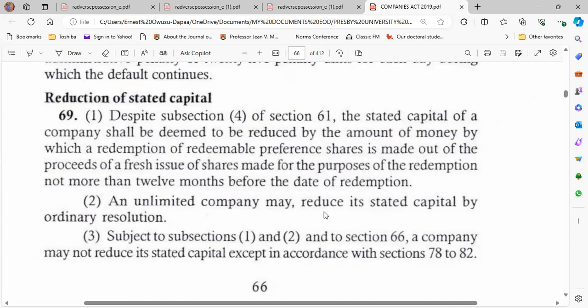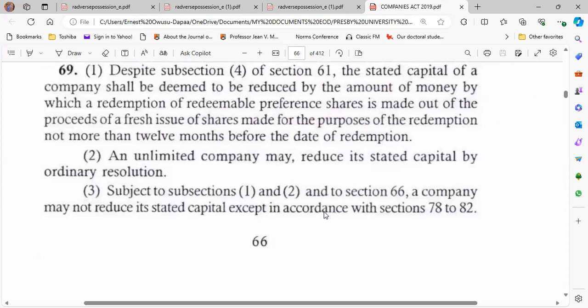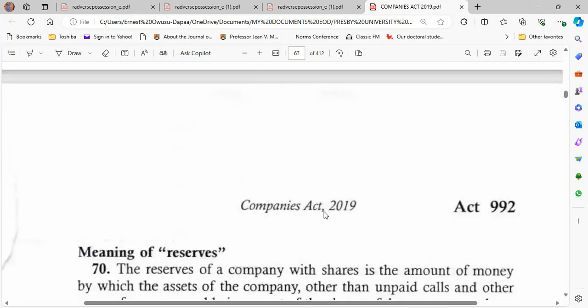But for a company limited by shares, or any other company, so to speak, you must comply with Section 69(3). And 69(3) refers us to a very strict regime, which must be followed before you can have a valid reduction of stated capital. That procedure is located in Sections 78 to 82. So we'll be discussing 78 to 82 pretty soon.